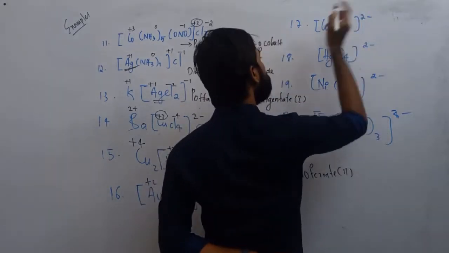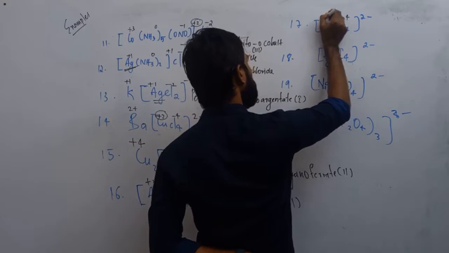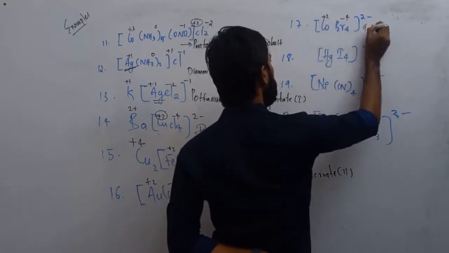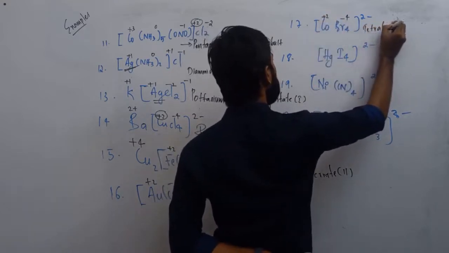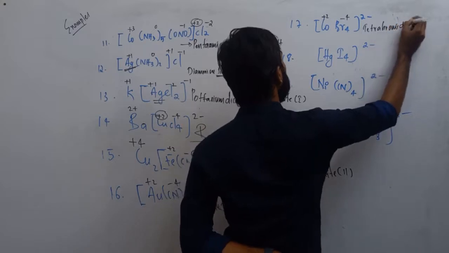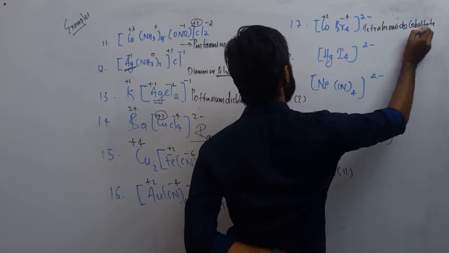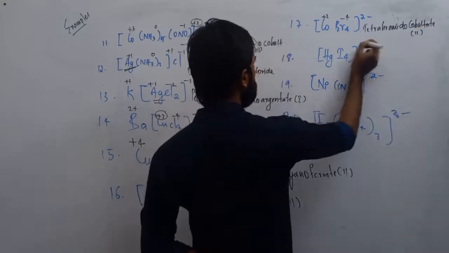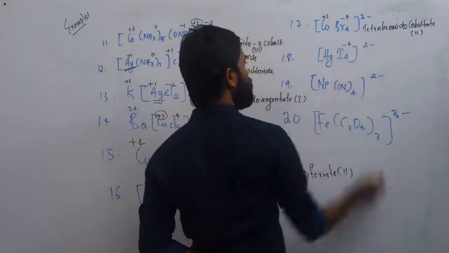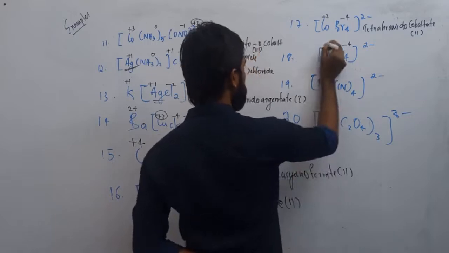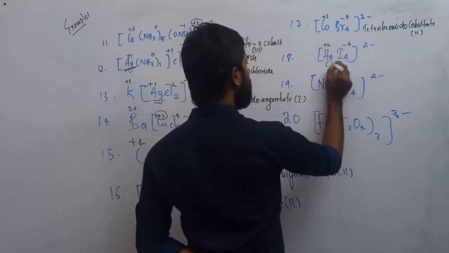All charge -2, bromine half -4, cobalt should be +2. Tetrabromido, bromine with ligand name bromido, cobaltate 2. All charge -2, this half -4 because iodine is in -1. So your mercury should be +2.